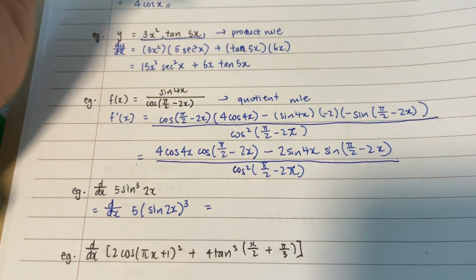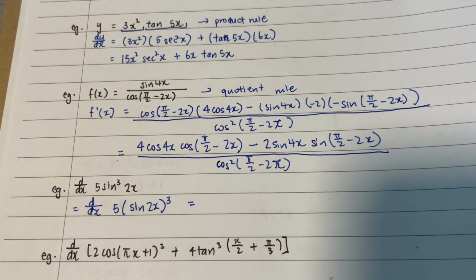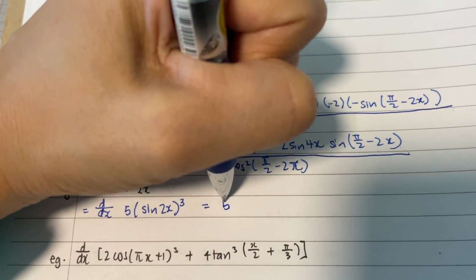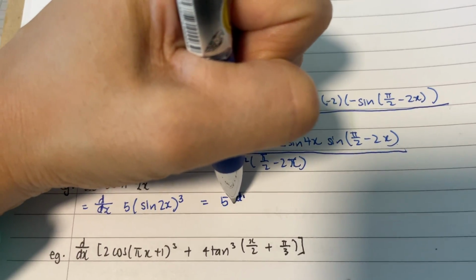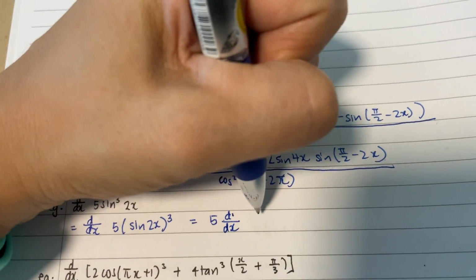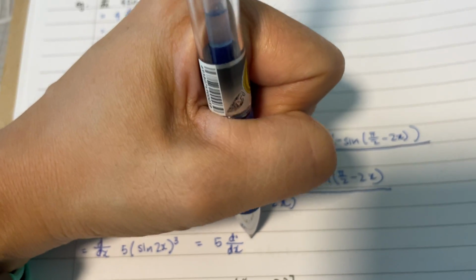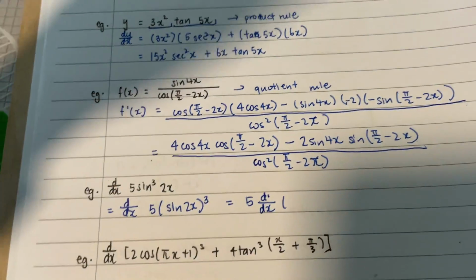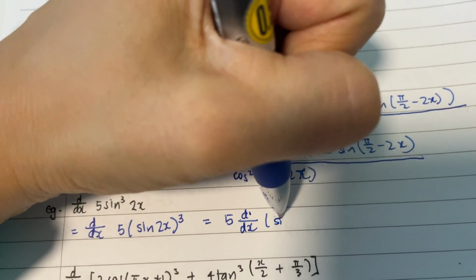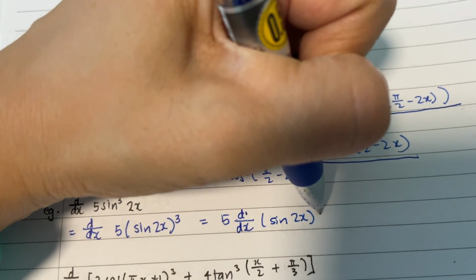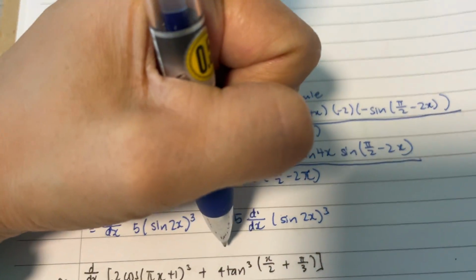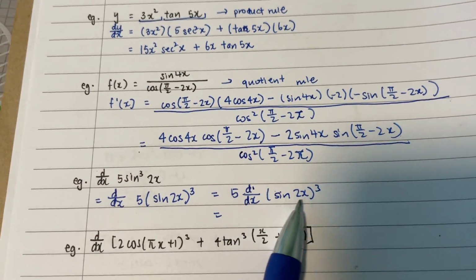So what happens in this case is we could actually bring out the 5 times d over dx of sine 2x cubed. So this leaves us to differentiate this portion here.